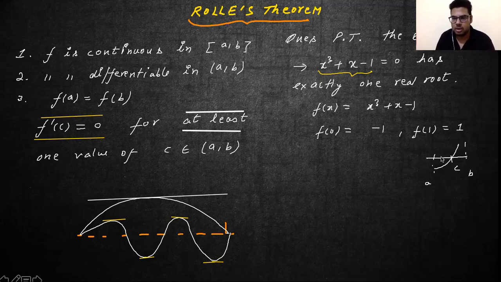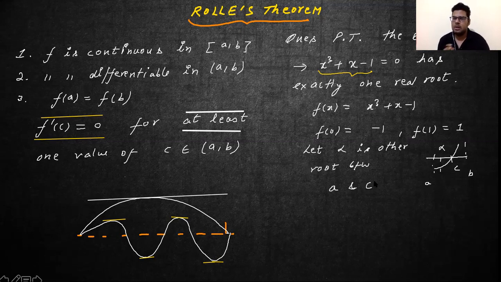Let alpha be the other root, other than c, between this a and c, right? Similarly, we can do it for b and c. This means one and the same thing.